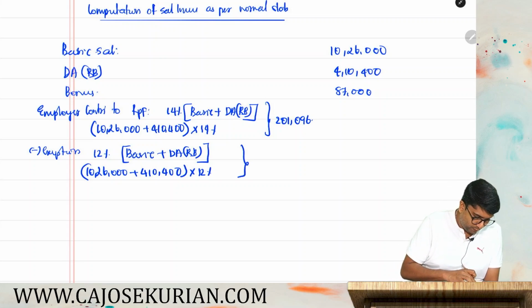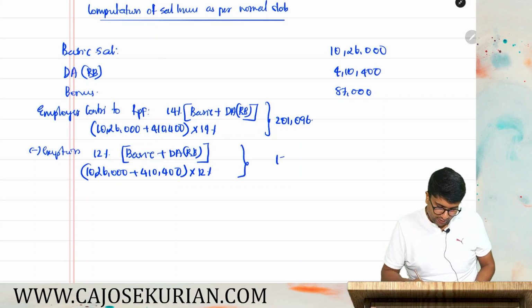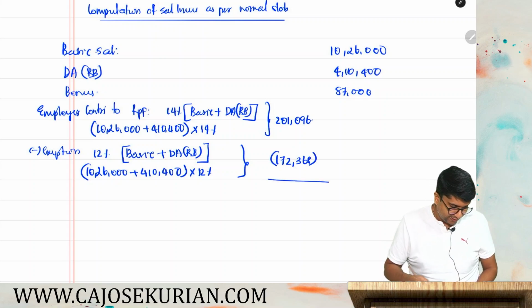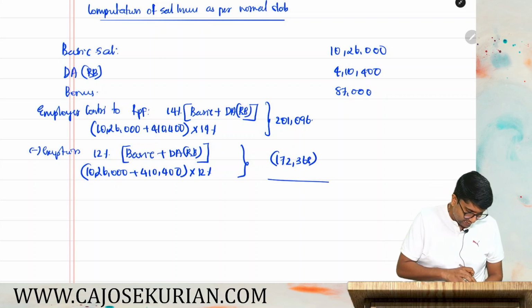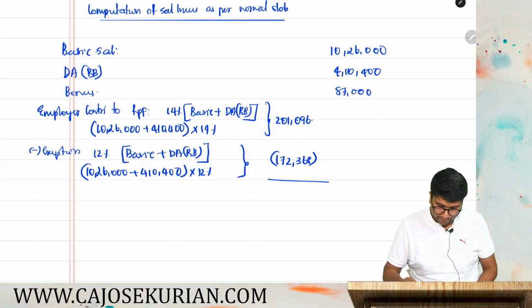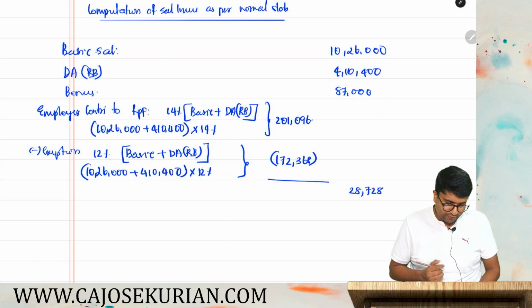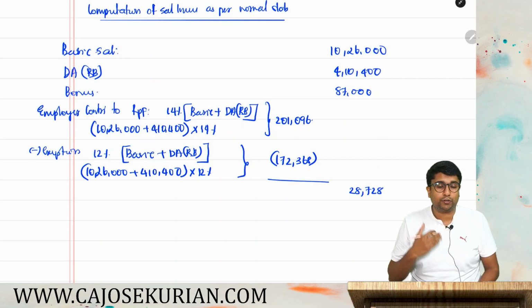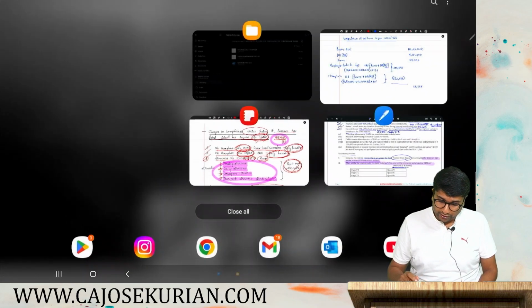That will be 1,72,368, the exemption. And how much is the remaining amount, friends? 2,01,096 minus this figure will be 28,728, which shall be the taxable contribution of the employer to that respective recognized provident fund.